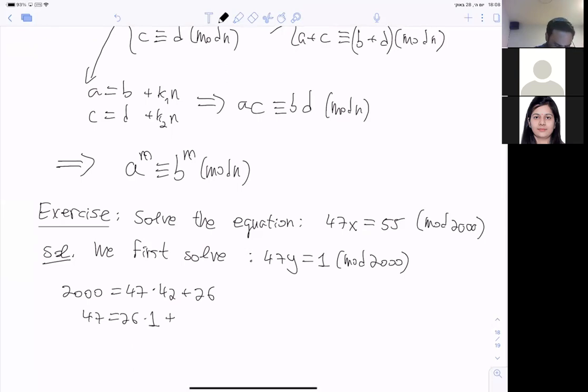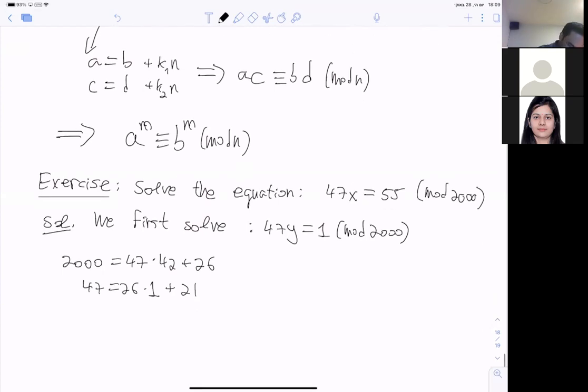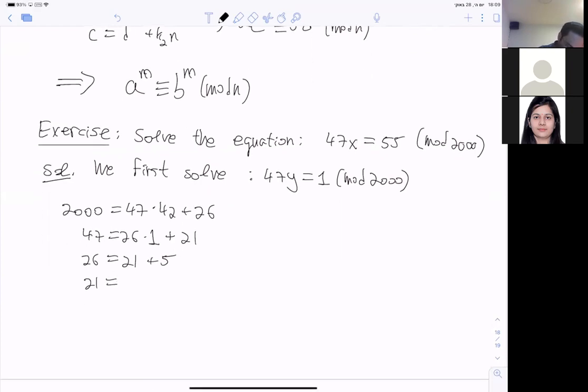Now it is 4, 11, okay, 21, isn't it? Here you have 4, 15, and 17, 17 and 4 is 21, right? Then 26 is plus 5. 21 is plus 1.